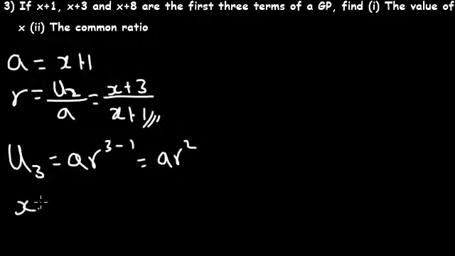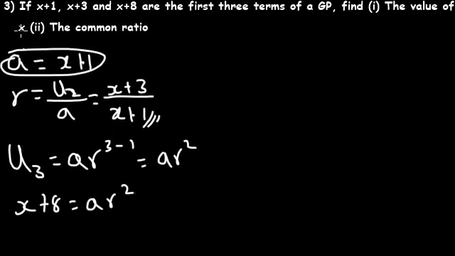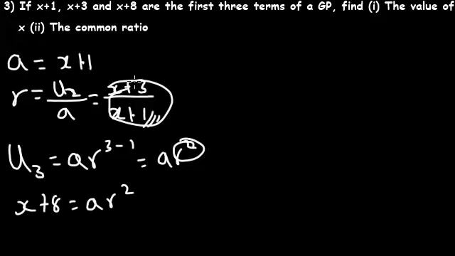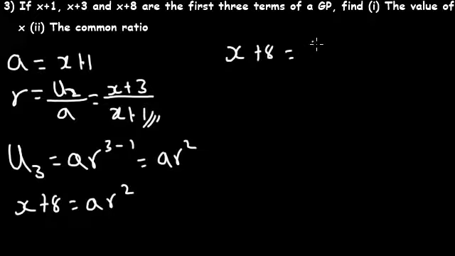And then we have x plus 8 equals a r squared. But a is x plus 1. And r is x plus 3 over x plus 1. So let's replace all these values respectively as well. It means we now have a new equation in the form x plus 8 equals a, which is x plus 1. Let me put that within the parentheses and write it properly.